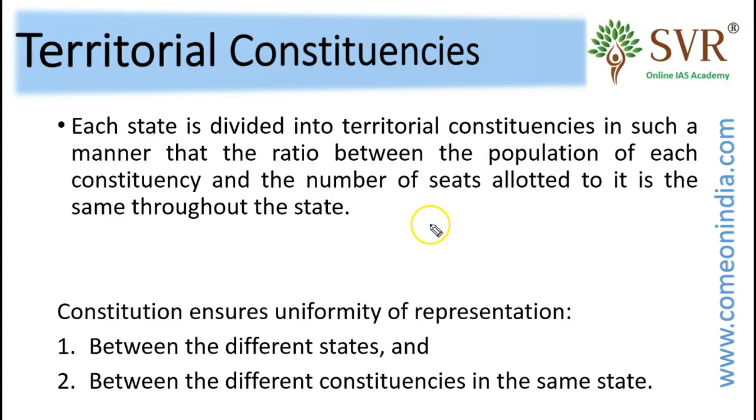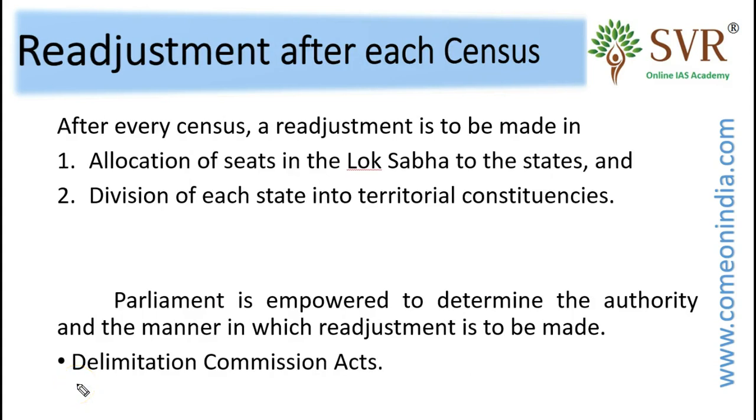Now, provisions 1 and 2 ensure the uniformity of representation between different states and between different constituencies in the same state. We know that the seats are allocated in the Lok Sabha based upon the population of the states. So, whenever a new population census comes out, the population definitely changes and it will ultimately lead to changes in the number of seats allotted to each state in the Lok Sabha, and the release of a new census will also lead to a new division of states into different territorial constituencies.